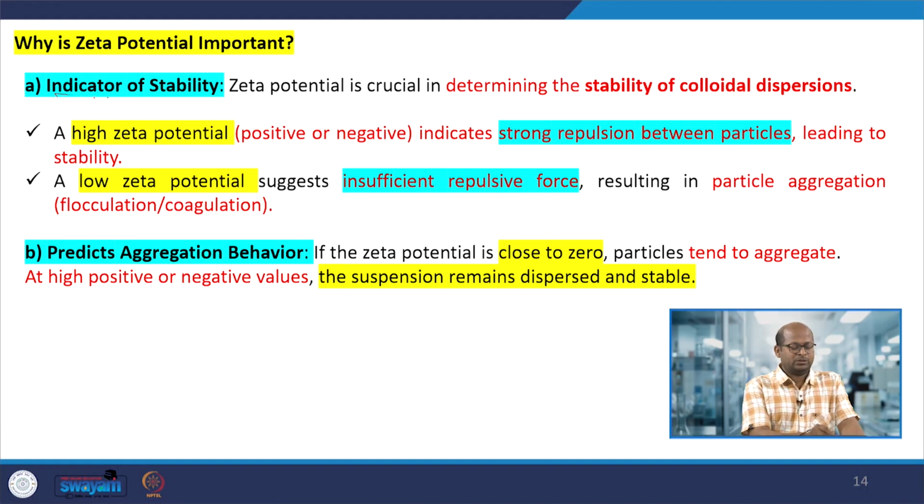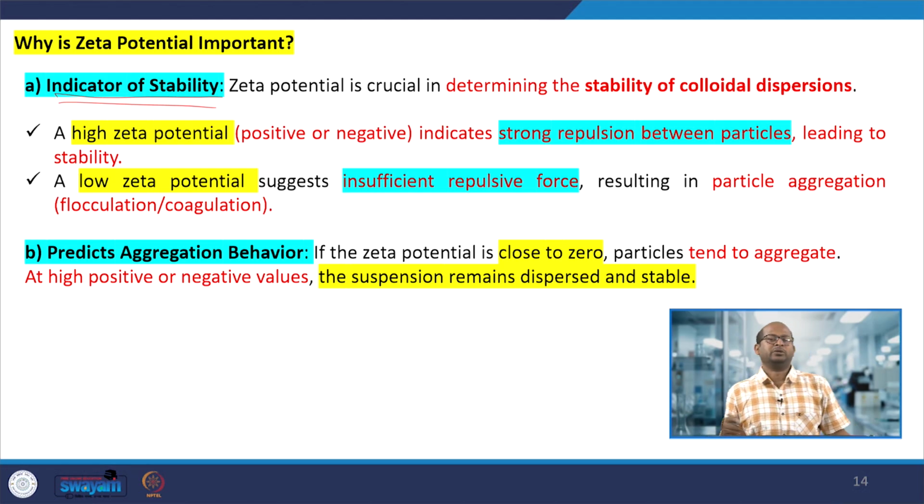So with time, we measure the zeta potential of the solvent we have prepared with the help of nanomaterials. If after a long period of time the zeta potential of that solvent remains constant, then we can say this is a stable solvent that we have prepared.